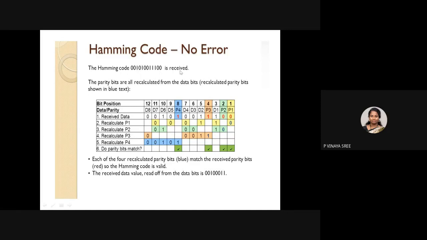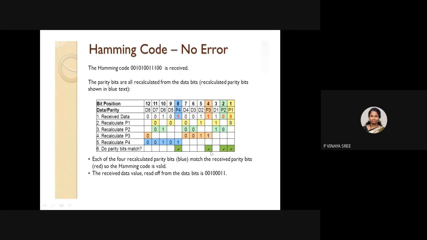Now, can anyone say how to proceed after receiving this entire data? The 8 bits and the 4 parity bits we calculated just now, everything added, will be sent to the receiver side. And after that, what will the receiver do? The receiver has to calculate again.